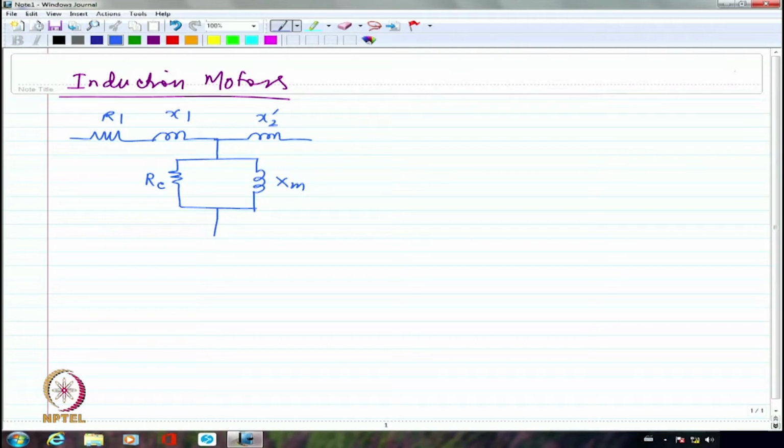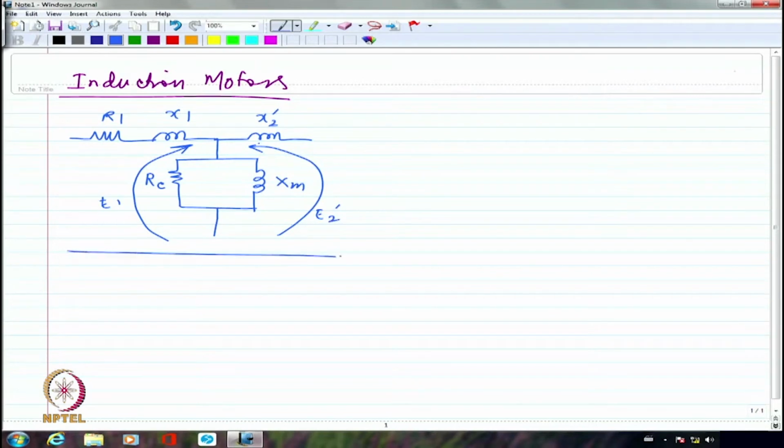Because of which, what we got here, let us say, was E1, and this became directly E2 dash, which was also equal to E1 because of the turns ratio. That having been taken care of, E2 dash will be equal to E1. And we wrote two portions of the resistance.